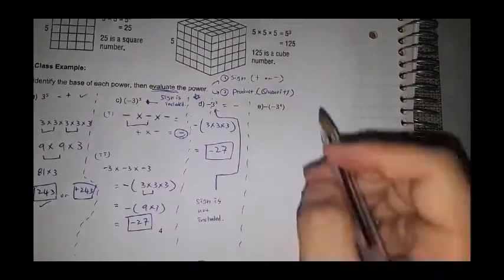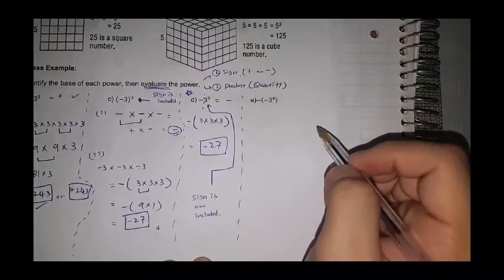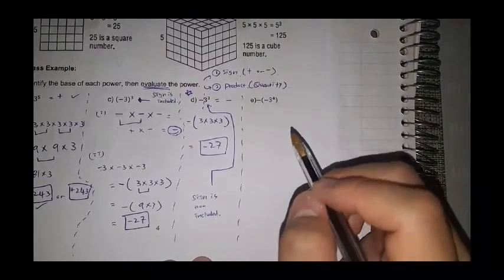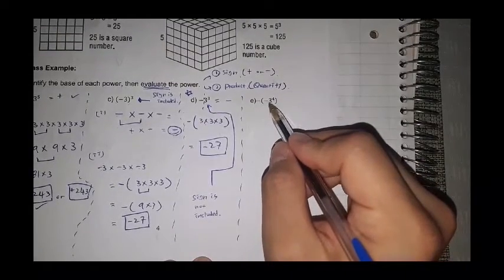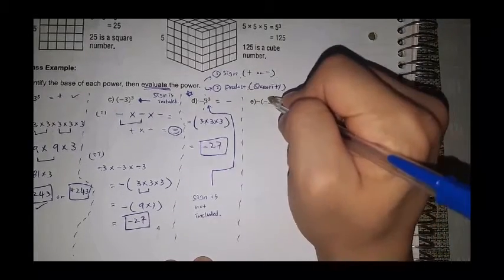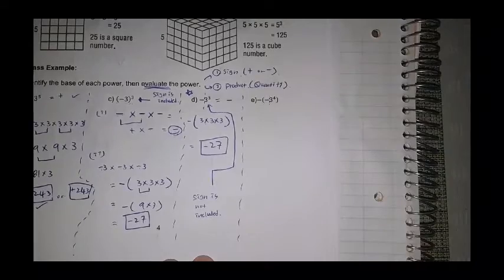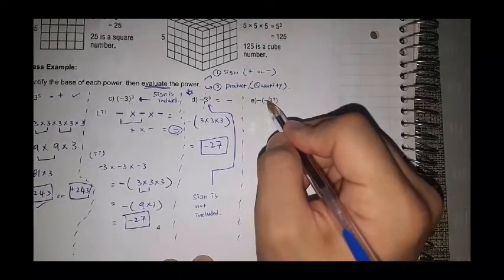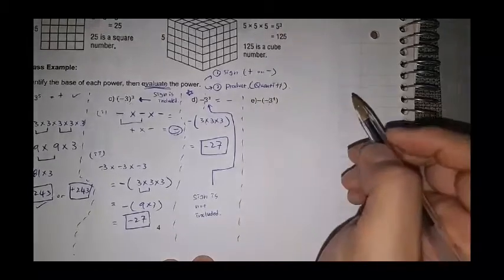Next one. Some people freak out because of this situation. First thing first, you need to identify whether the sign is included. No. If you look at the exponent, only 3 has a sign. Now we need to think. You have a negative inside the bracket and a negative outside.